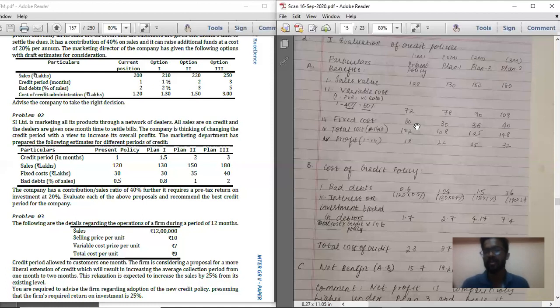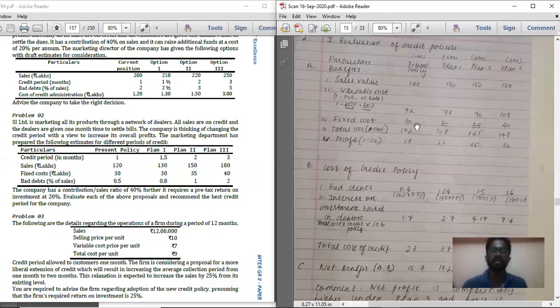Then plan 1, 78 plus 30, 108. Plan 2, 90 plus 35, 125. And plan 3, 108 plus 40, 148. So this is the total cost of producing the product. Total sales value is 120 and total cost is 102.